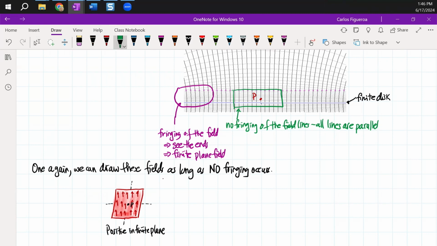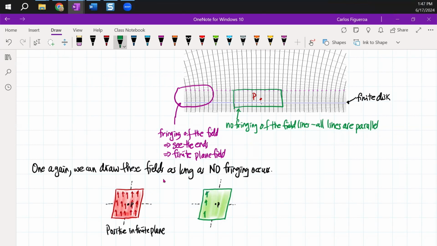And if I do the same thing for a negative one, instead of them coming out, poking out, these guys are going to be going in. So then I come in and I put in my fields.